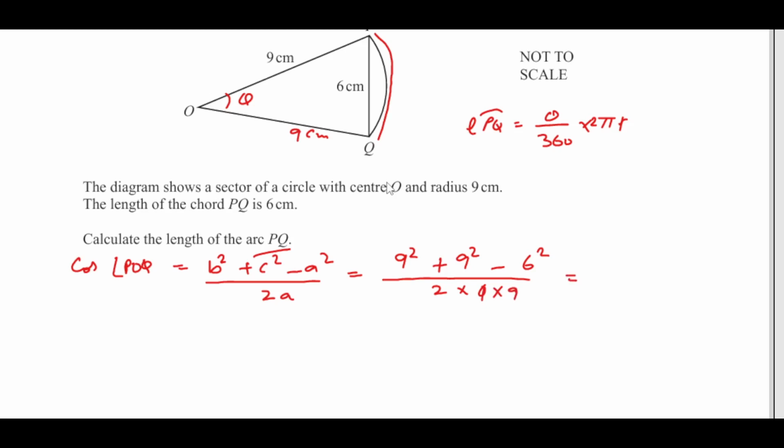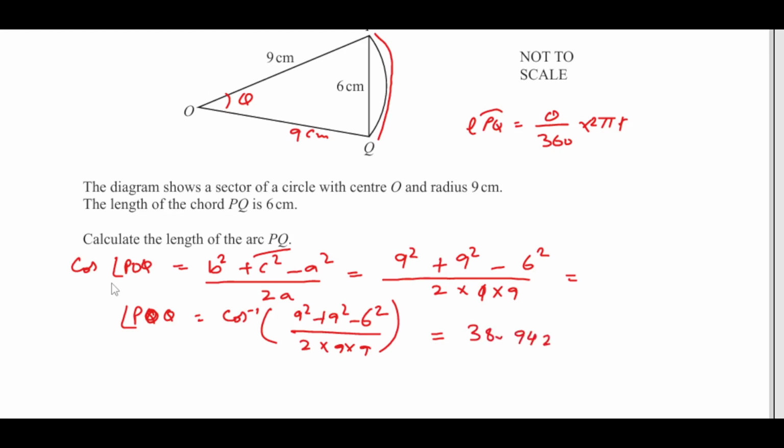So angle POQ is cos inverse of that. Directly plugging in the values, you get 38.942 from your calculator, which is approximately 38.9 degrees, right. So we got the angle.